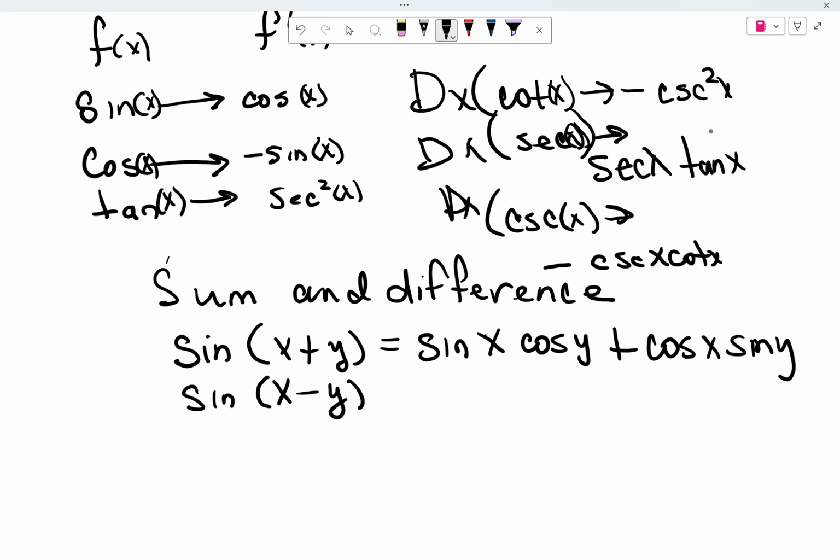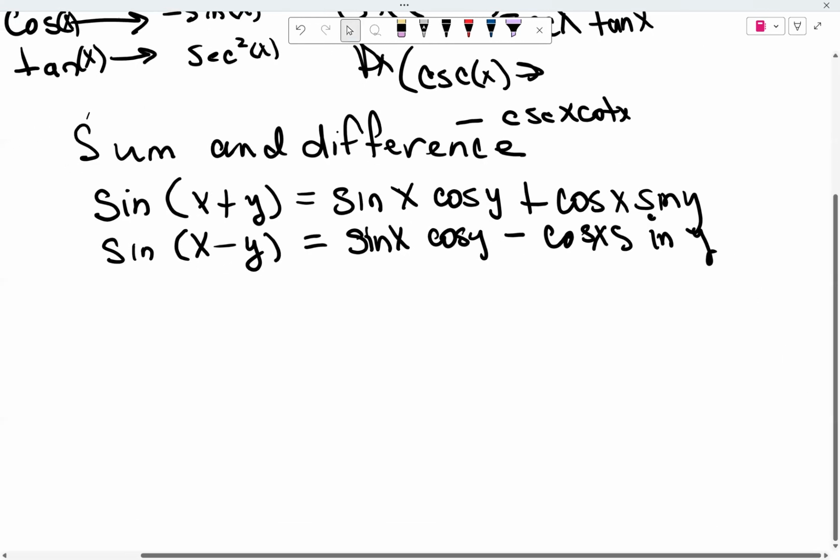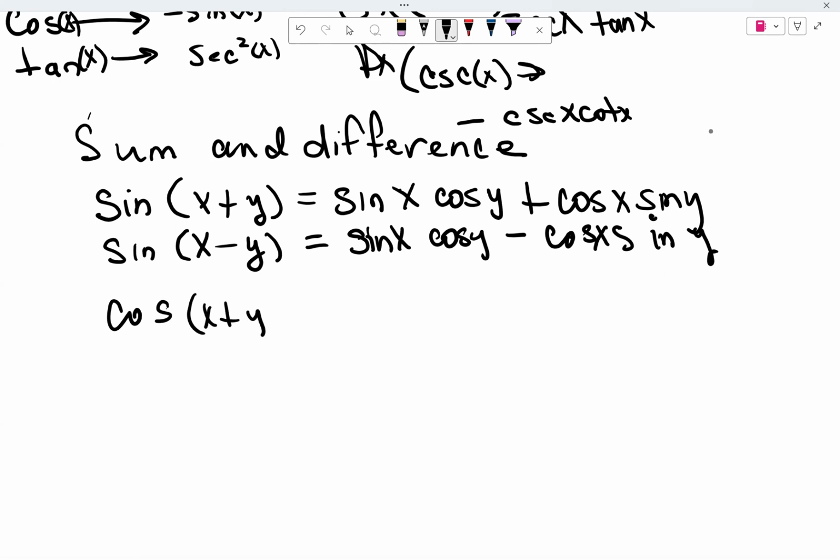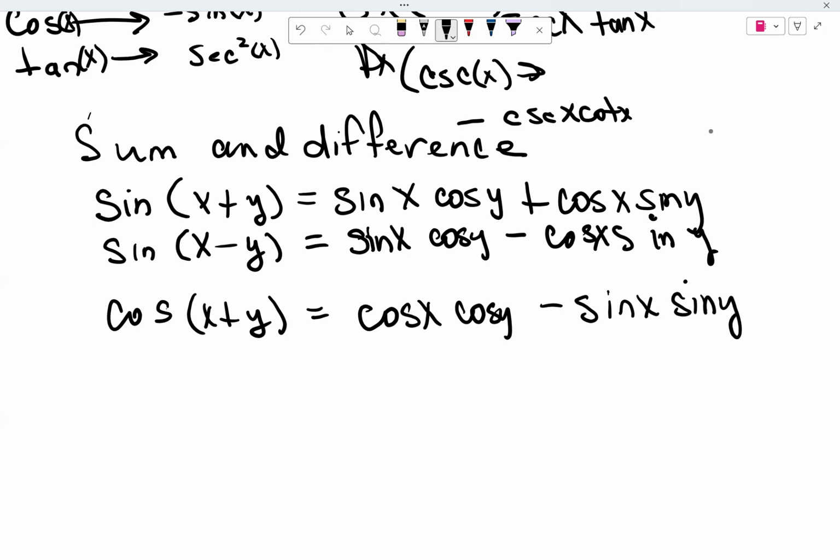And if you have sine of x minus y, that's going to be equal to sine x cosine y minus the cosine x sine y. The cosine values, if you have cosine of x plus y, this is simply cosine x cosine y minus sine x sine y.